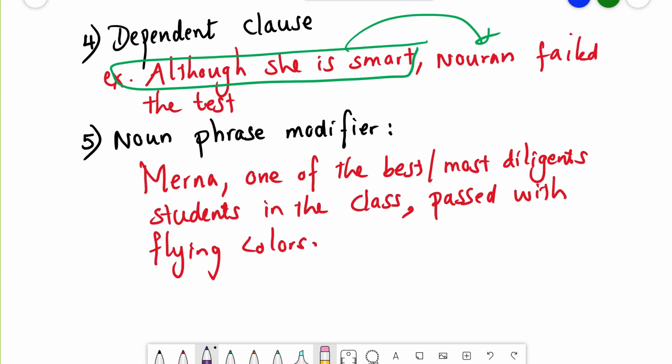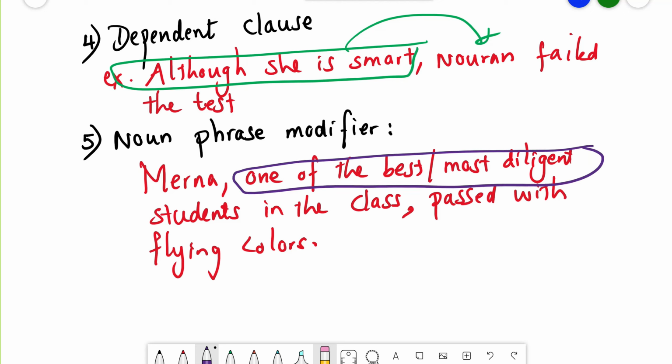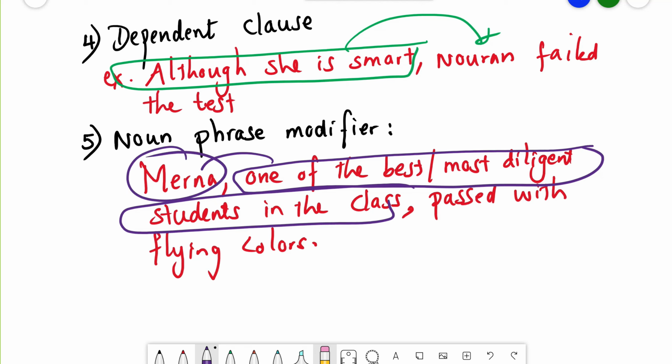So, Mister, where is the modifier? Sorry, diligent, not diligence. Okay, where is the modifier? This is the modifier. It modifies what? It modifies the person, what? Myrna.